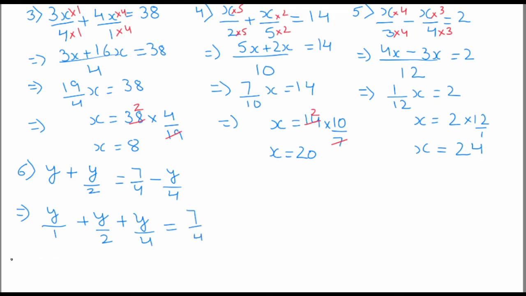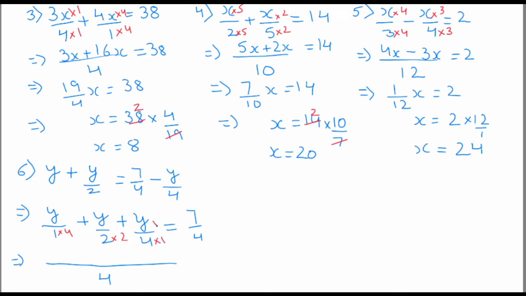Now the LCM of them will be 4. Now see the denominators. 1 fours are 4, 2 twos are 4, 4 ones are 4.